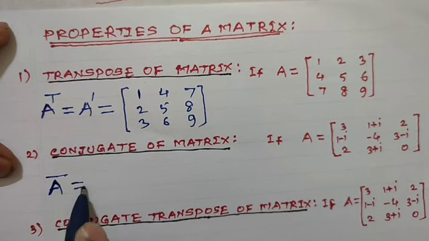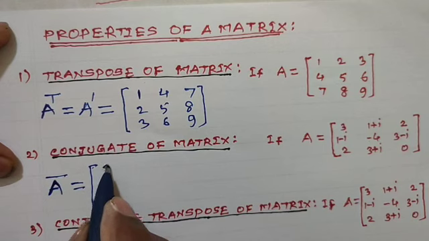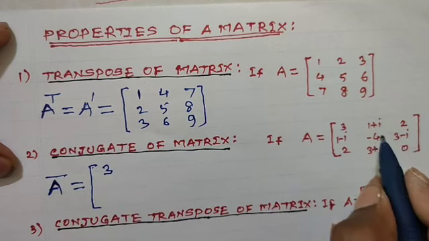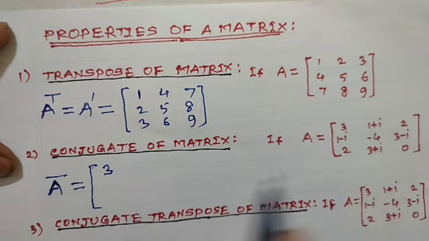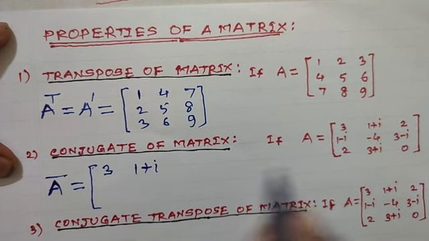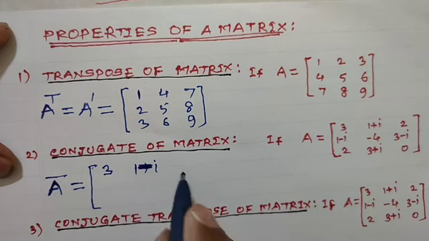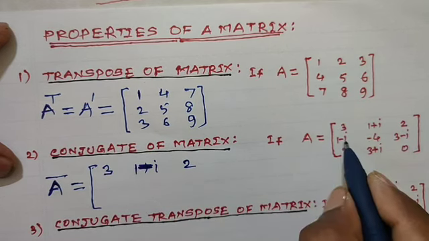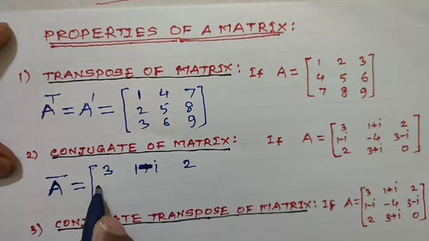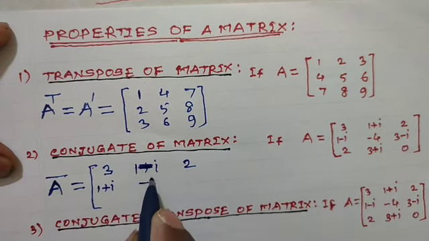This is given by: 3, a real number, there is no change. This is a complex number, change the sign of i, that becomes 1 minus i. Then this real number stays as it is. Then 1 minus i becomes 1 plus i. Then minus 4 also stays as it is.